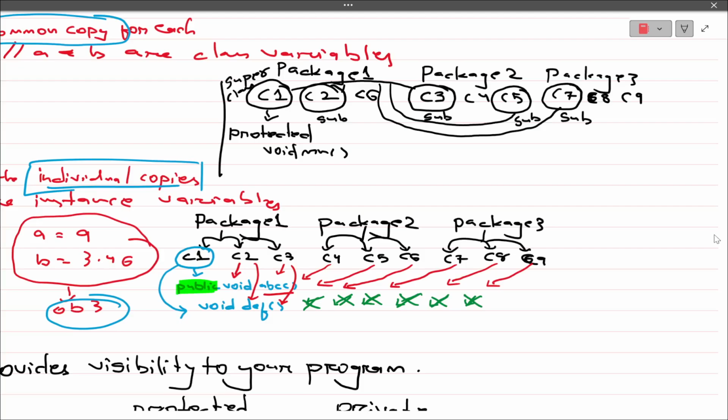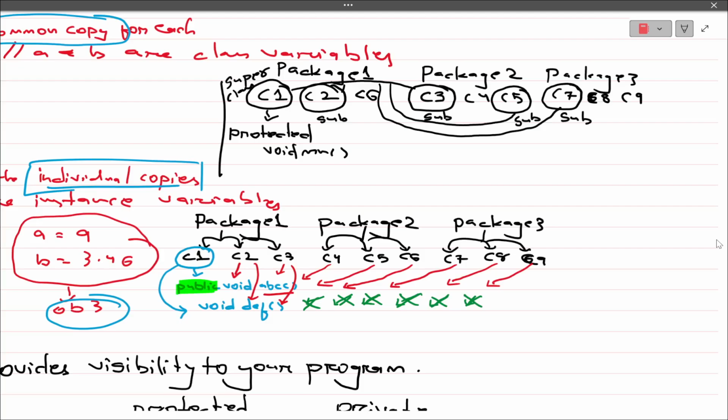Now could you understand this? That means it is accessible to C2, C3, C5 and C7. Make sure that you have understood this. So this particular method, that is mn, is accessible to C2, C3, C5 and C7.